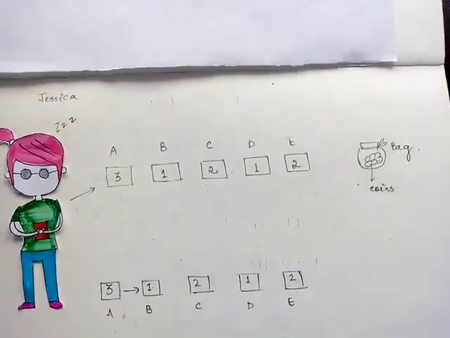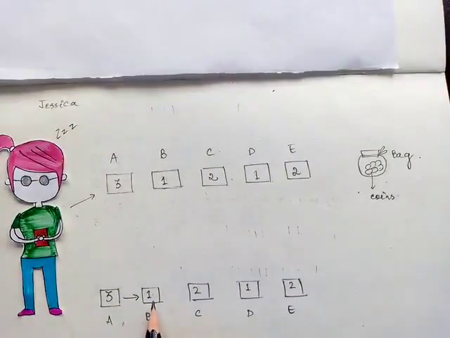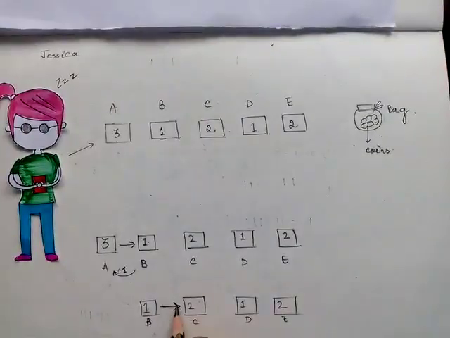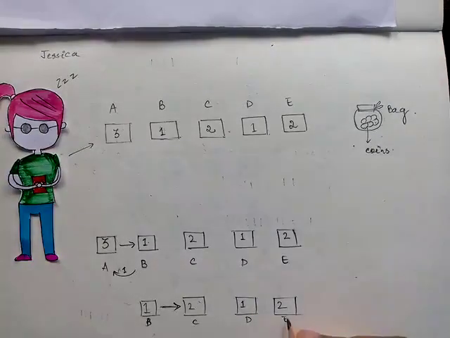Now person A asks person B, hey, could you please count the number of coins for me? Person B says, I have 1 coin and let me just ask the rest of the people how many coins they have. Person B asks person C, hey, could you please count the number of coins for me? You see, all of them are lazy people and they repeat the same thing.